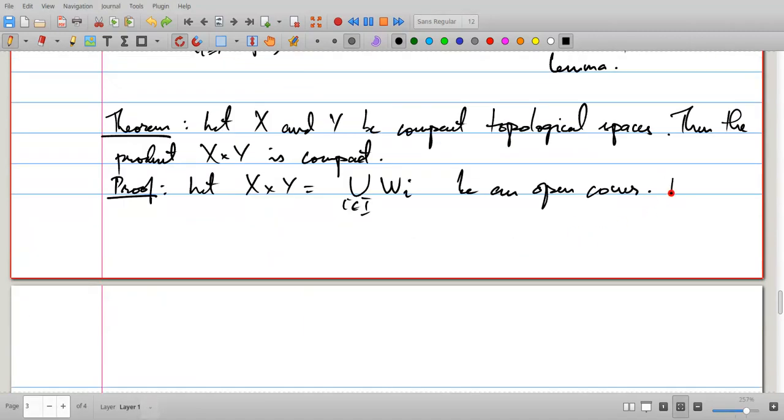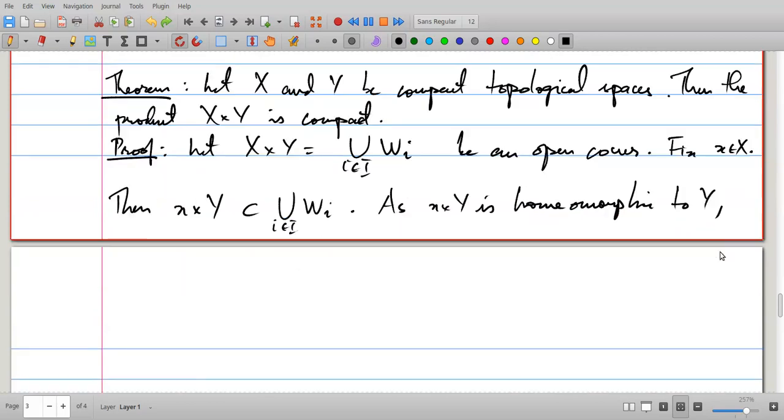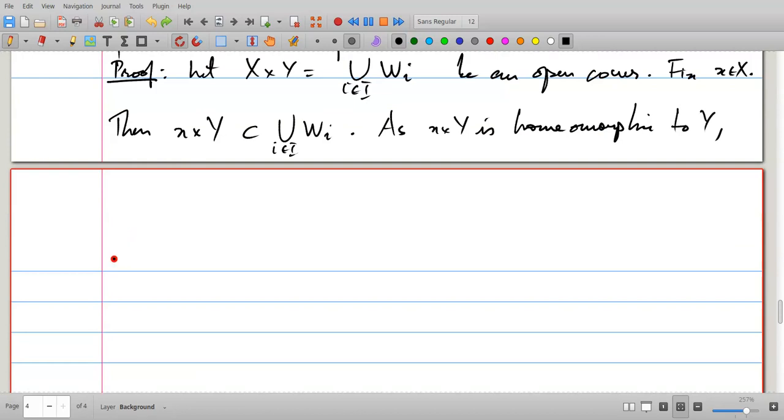So let us fix an x in X. Then {x} cross Y is contained in this union. As {x} cross Y is homeomorphic to Y, it is compact, and so this is contained in a finite subcover.